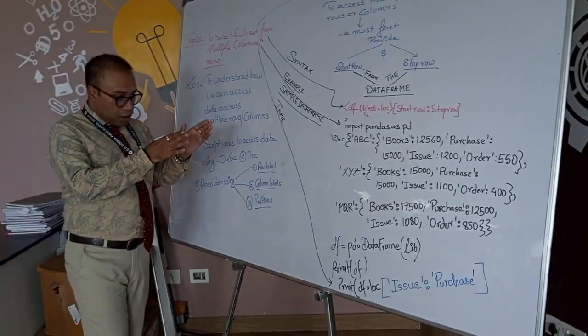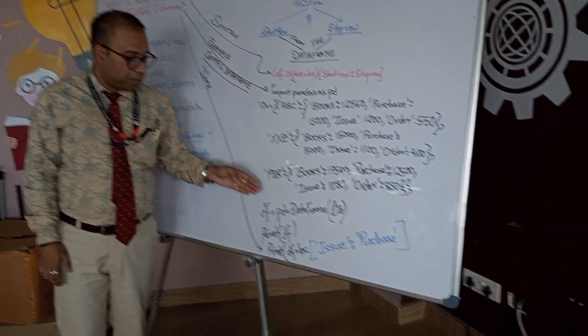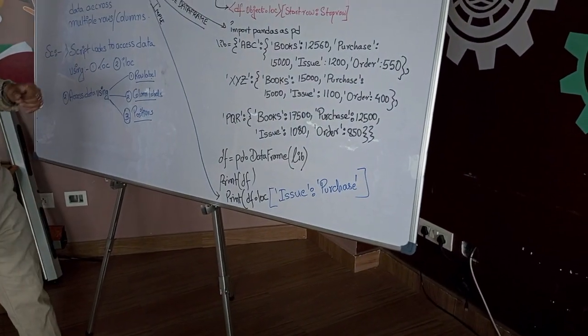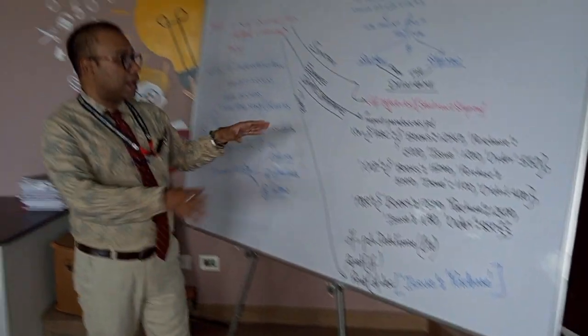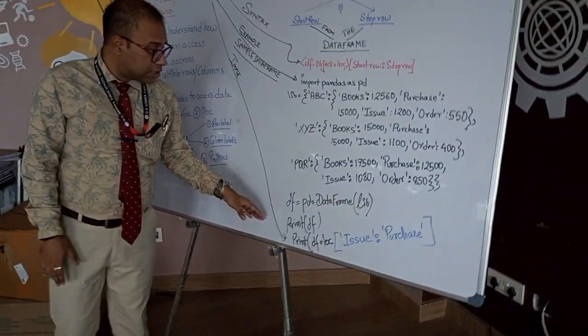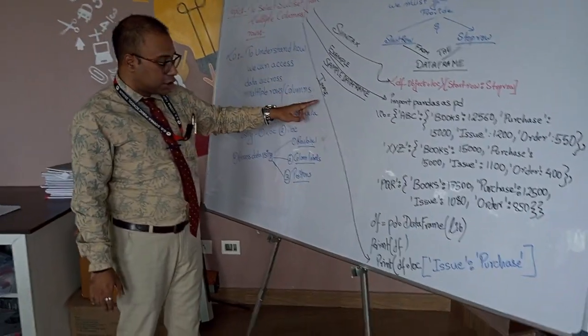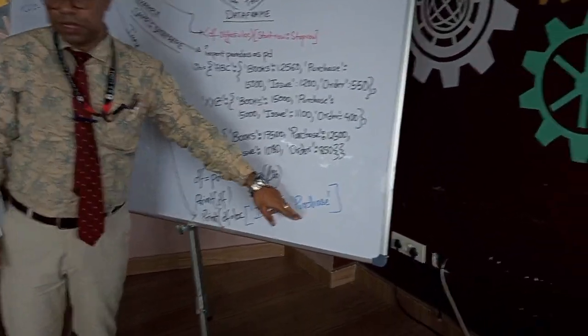Alright? Now, concluding this portion, df equals pd.DataFrame of the dictionary. Okay. What will this display? It will display that entire data frame. Okay. But now, here is the implementation of df.loc, that is issue : purchase.